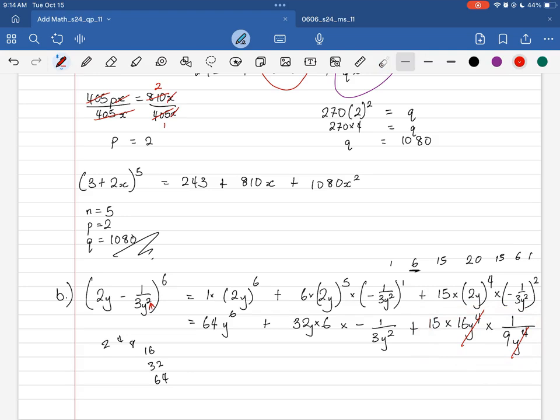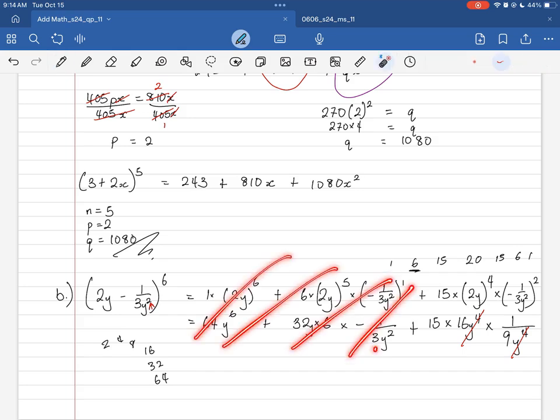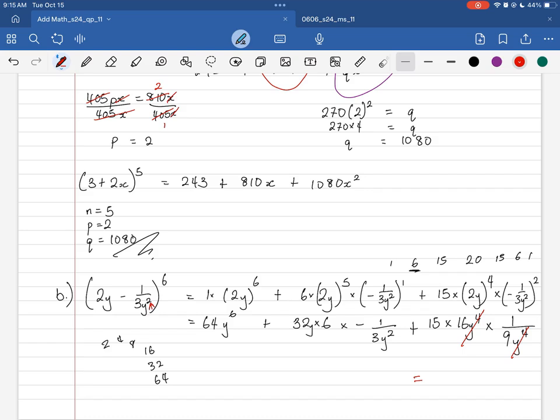So we can actually ignore the others because we don't need them in the answer. Our answer here is going to be just this. And then we have 16 times 15 divided by 9. So 15 times 16 divided by 9.